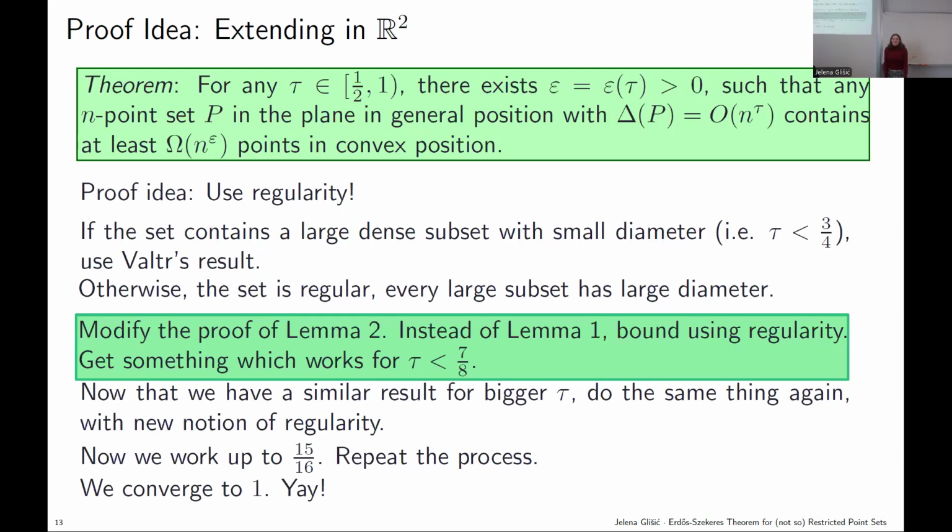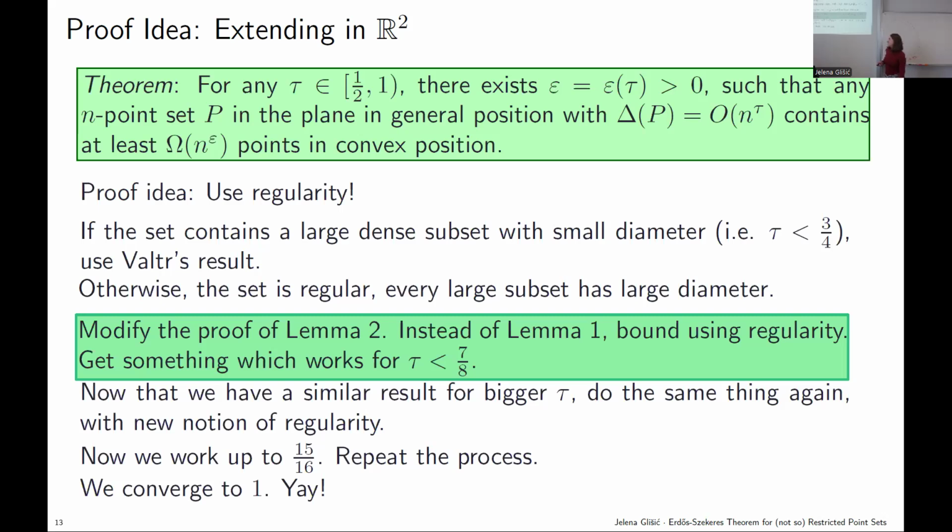And eventually this will work up to 1. So you can see why I didn't write any of the expressions, because this is a bit of a messy process, but the idea is to iterate as much as you can this result which you already have, and hope something good happens, which it does.